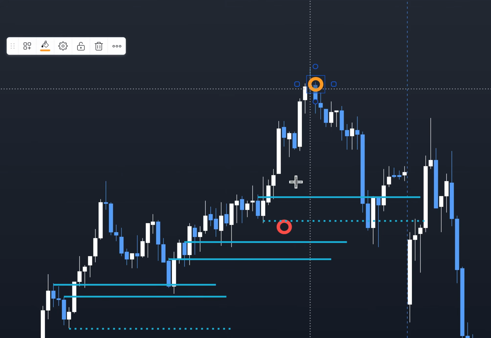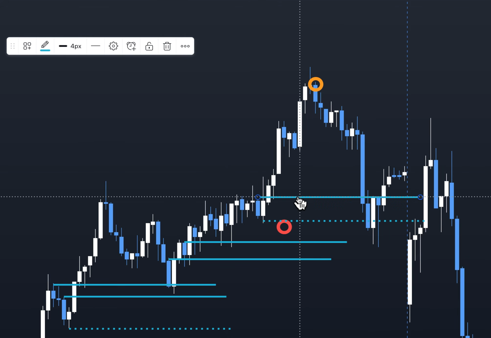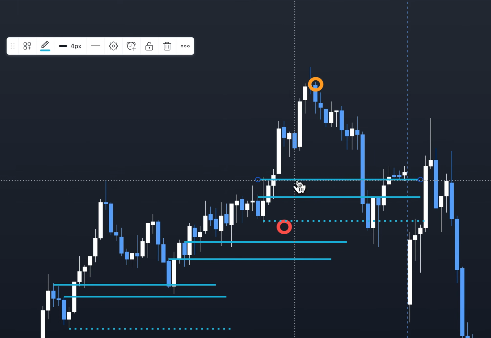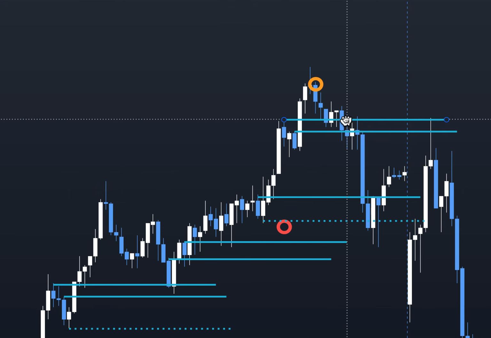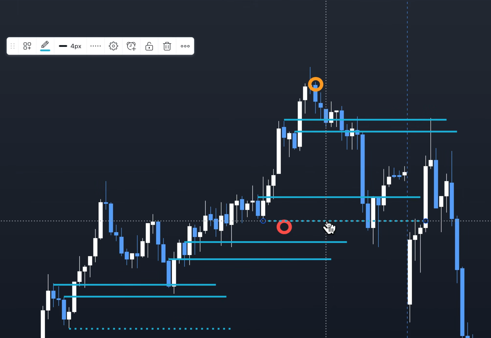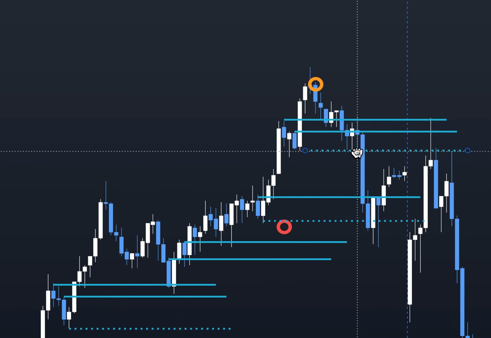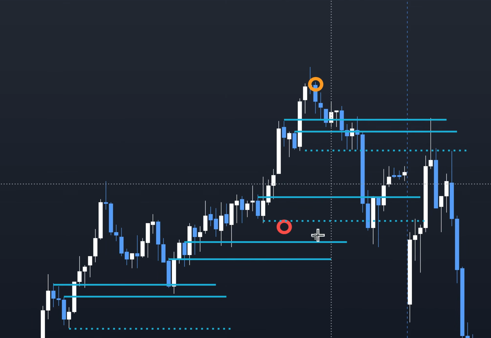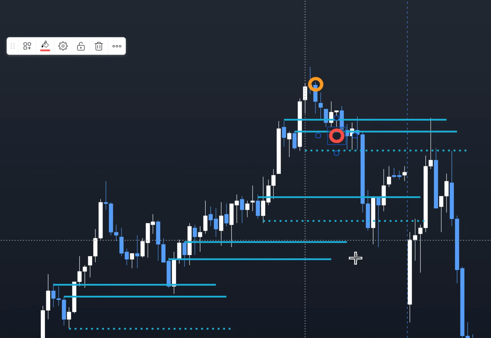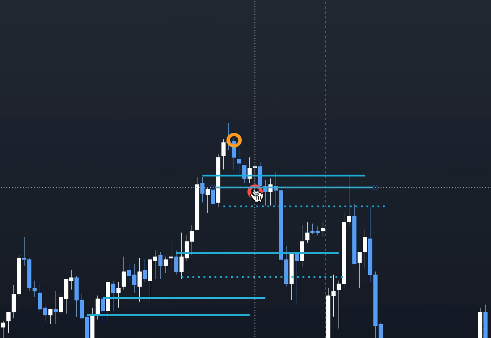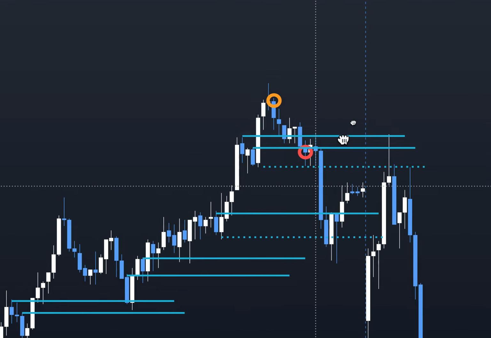Price goes up. I now have this as a protection layer. I have this as a protection layer. And I have this break level as a protection layer. I'd probably put it here. So now I got 3 protection layers up there. This rapidly comes up to here, and that's where you'd get out, right there.